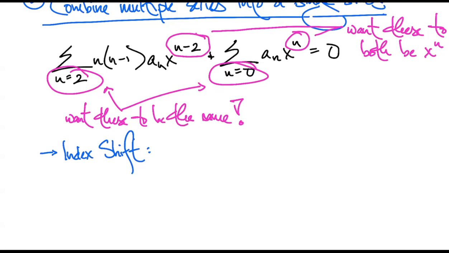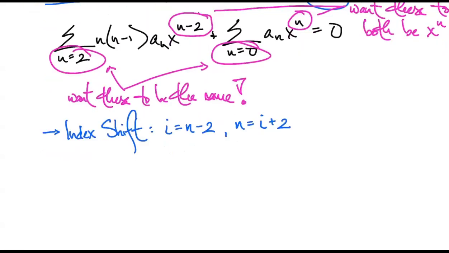Otherwise, the rest of our question might be a lot harder than we need it to be. So in particular, my index is n minus 2, because 2 minus 2 gets me to 0. But it's also helpful to say what n is, and n is going to be i plus 2.